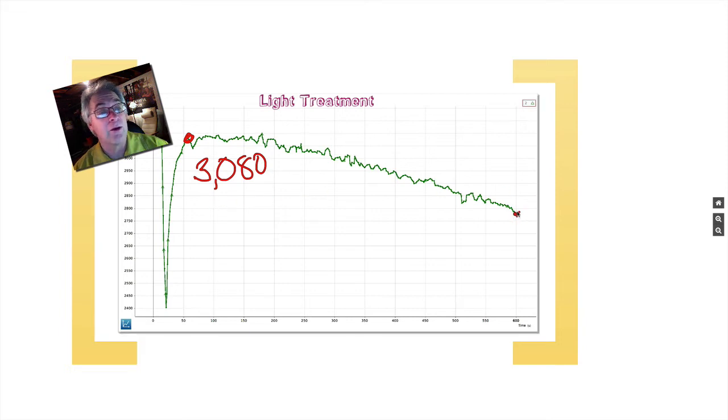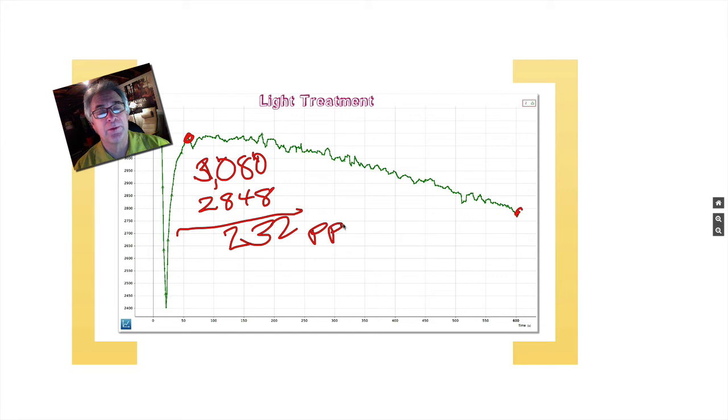And over here, we had 2,848 parts per million. And if you subtract those, the CO2 level under light dropped 232 parts per million. And that's a fairly significant drop in CO2.